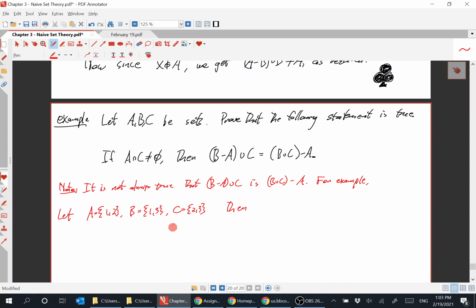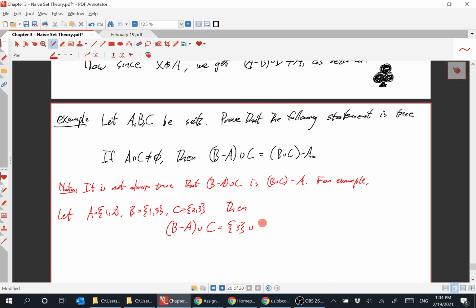Then B minus A union C is equal to what? Well, what's B minus A? There's B, there's A. So B minus A is just 3.